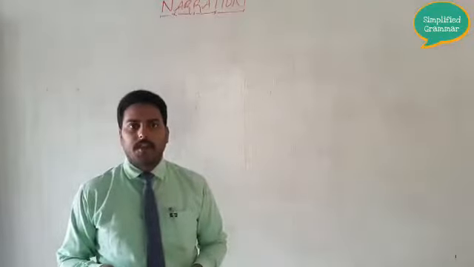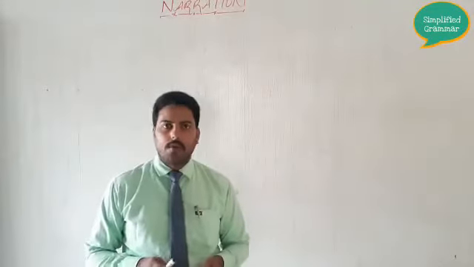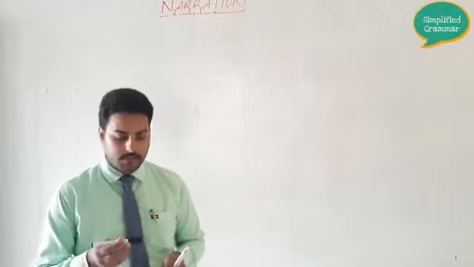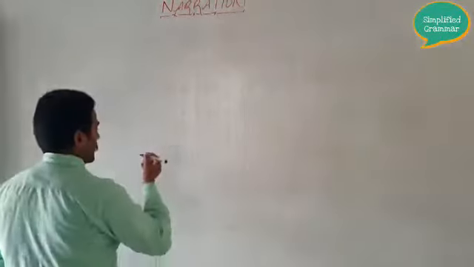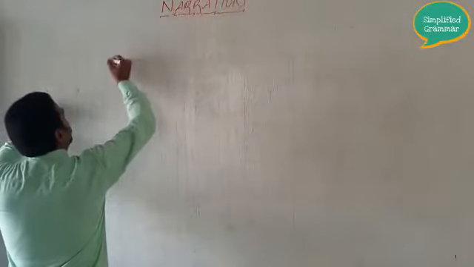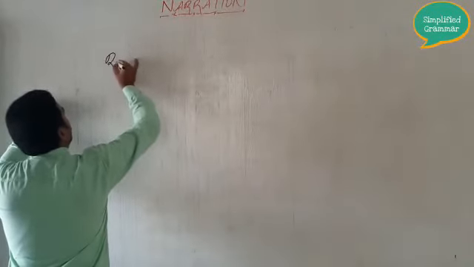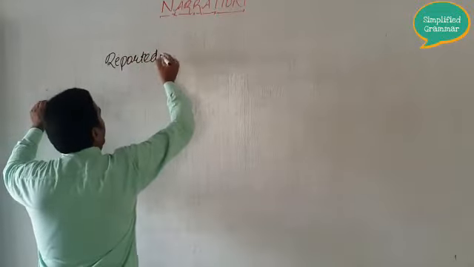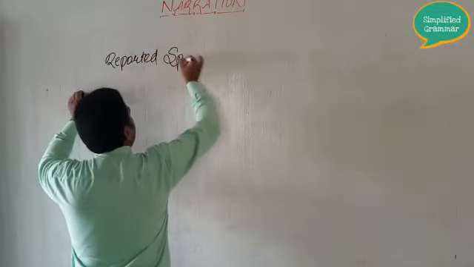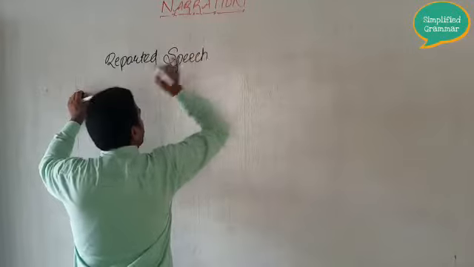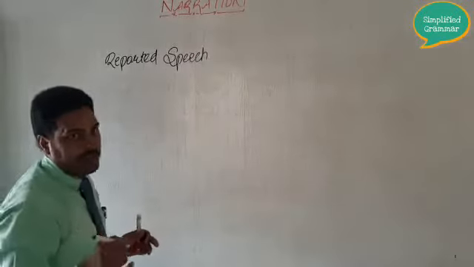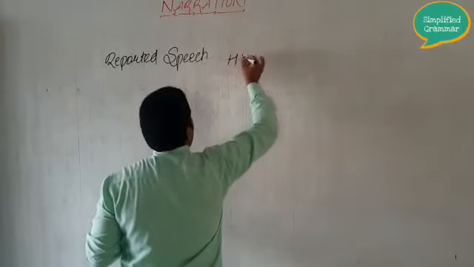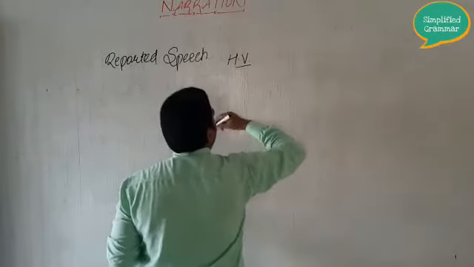Now let us understand the steps to be followed while changing interrogative sentences from direct to indirect speech. So see here, dear students, when you see your reported speech, if this reported speech begins with helping verbs, what are these helping verbs?